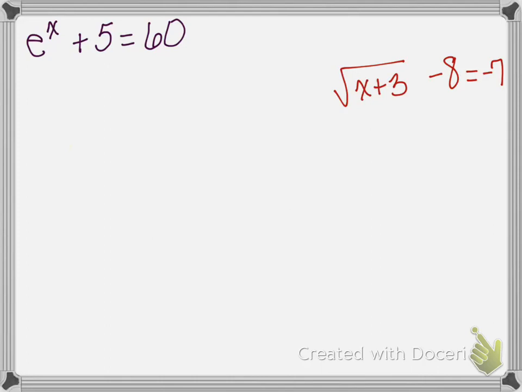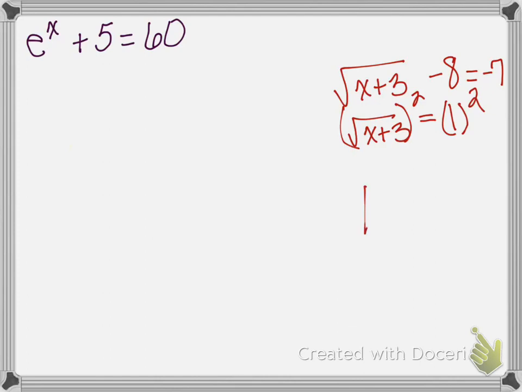But I wouldn't just square it first. What would I have to do before I could square both sides? I'd have to add 8 to both sides. Then I could square both sides and solve the rest of the problem.